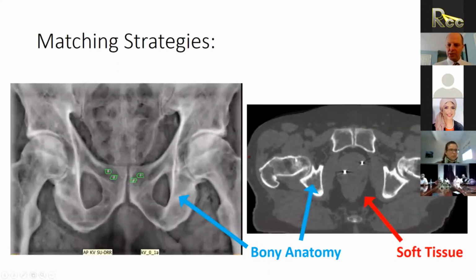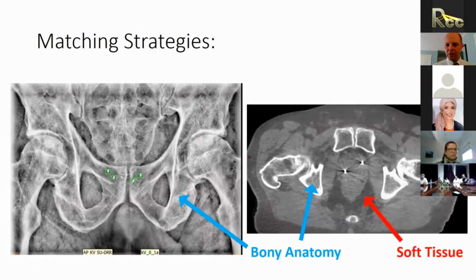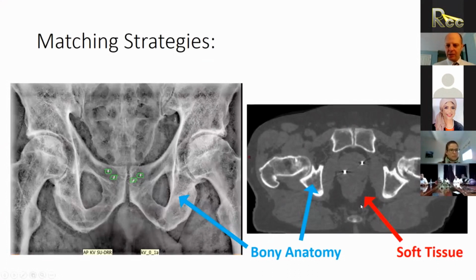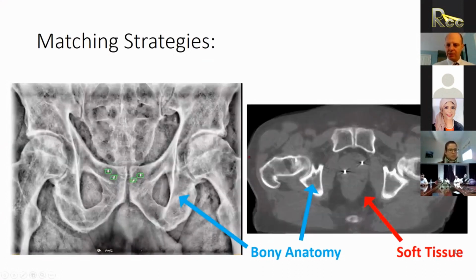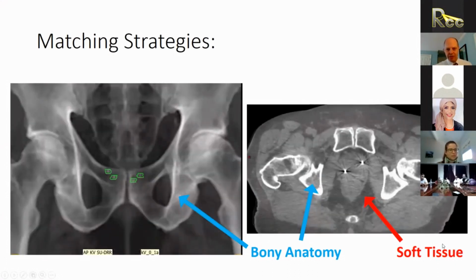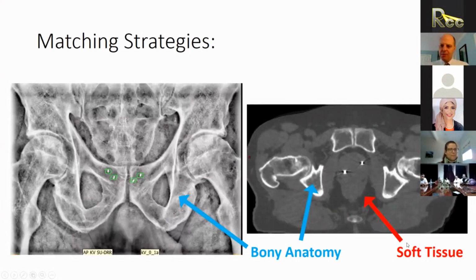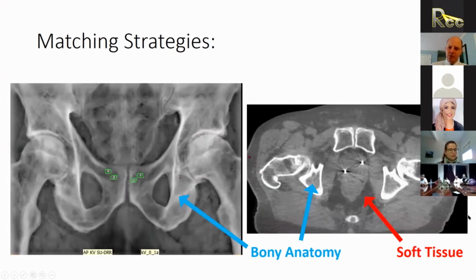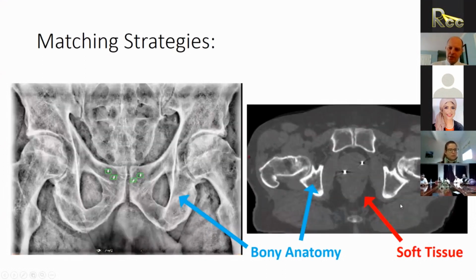Often the projection images do not include much information about the soft tissue, with a couple of exceptions, but this is a very good way to match when it's possible. But sometimes you may not be able to see that on the cone beam image or on the 2D image. So when it's an option, it's very good.